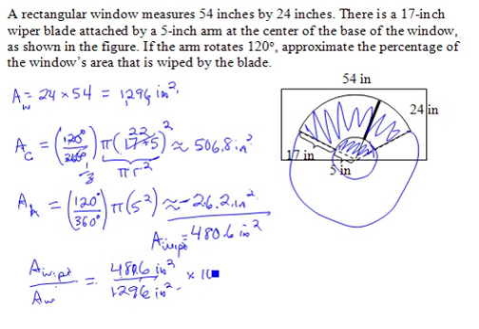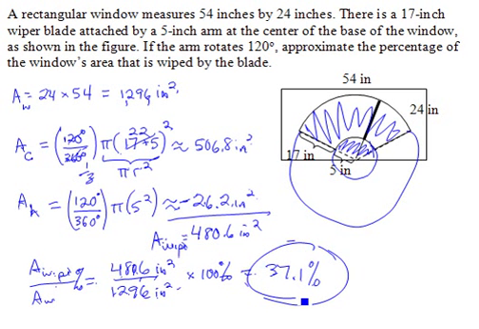If I multiply by 100%, I'll obtain the following. That's 37.1% rounded to the nearest tenth of a percent. So that's the percentage of the window's area that's wiped by our blade.